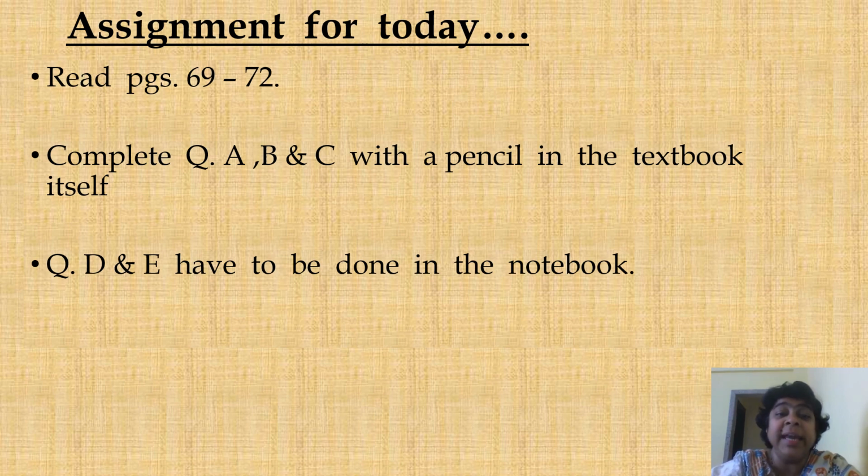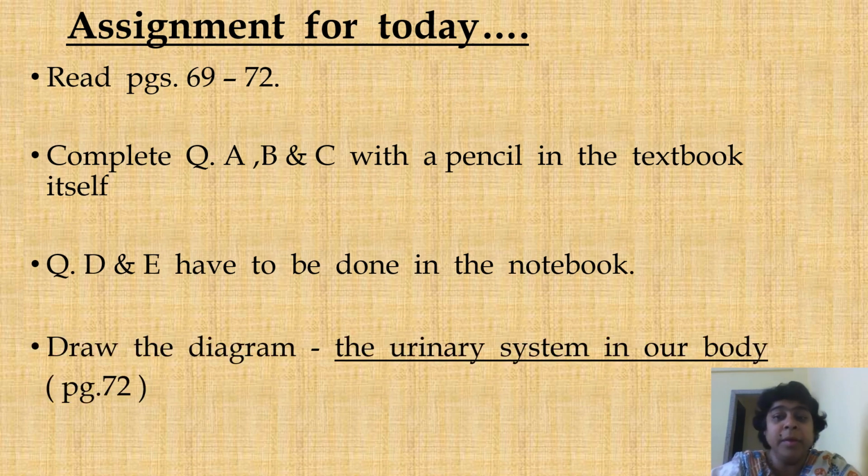Questions D and E have to be done in the notebook, and you need to draw the diagram, that is the urinary system in our body, which is on page number 72. We will discuss it further in case you have any doubts. So children, have a good day, stay home, stay safe.